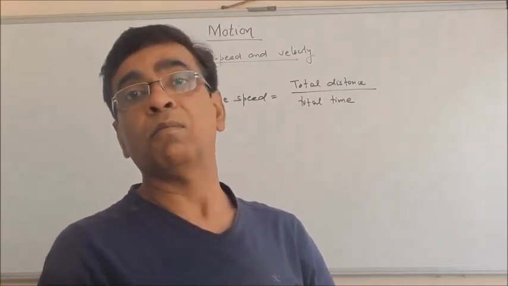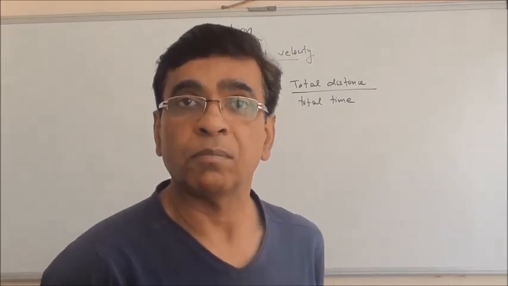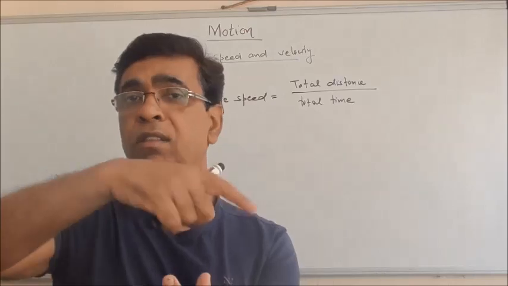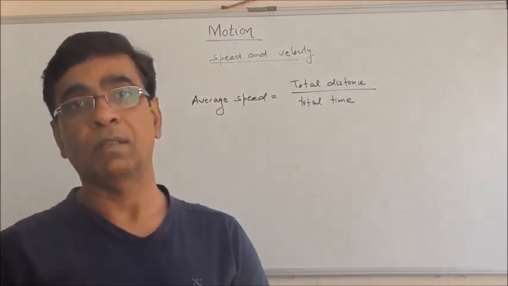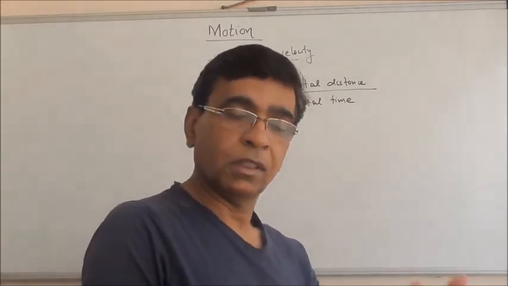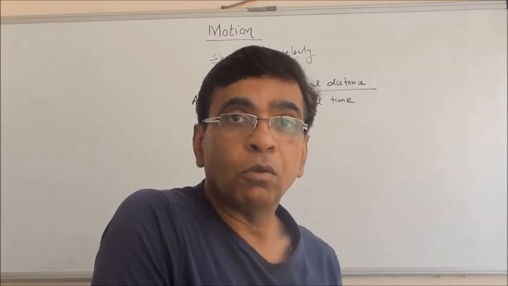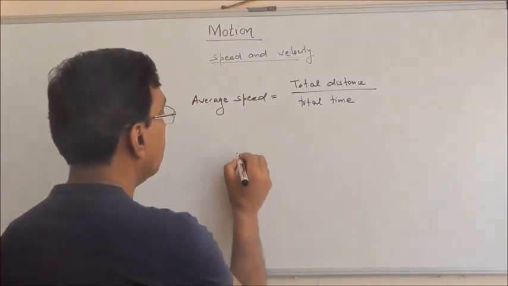This is telling us about the total distance covered per unit time. If you keep on moving around a path, then it is simply giving you how much distance you have covered and how much is the time taken. Distance divided by time, that is the average speed. If you want to know the direction, then we take another quantity, that is called velocity.